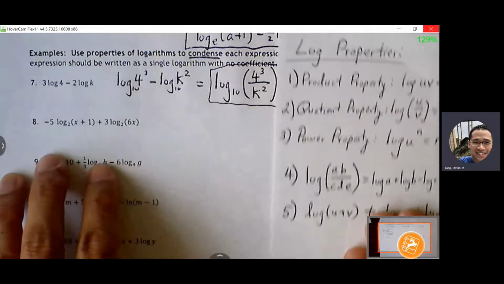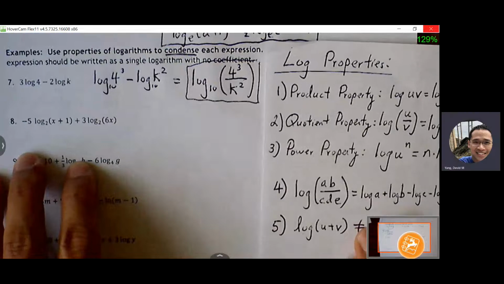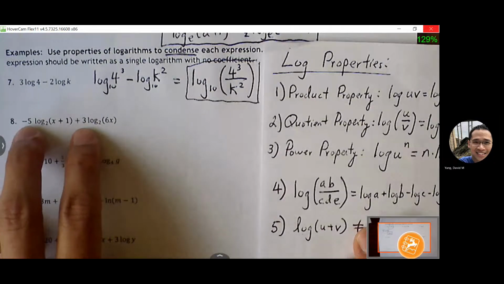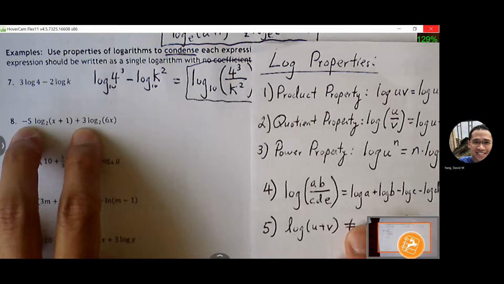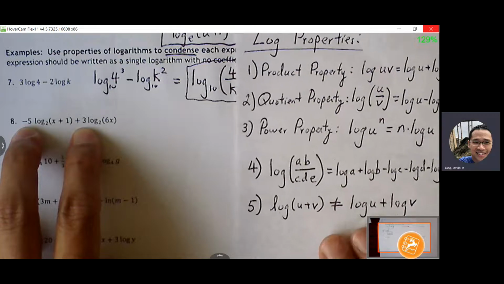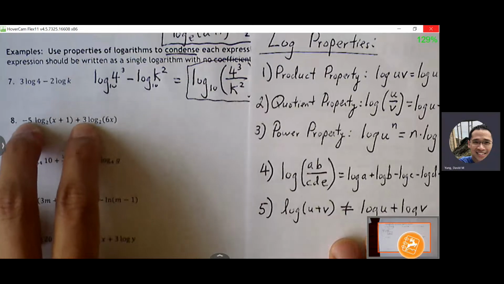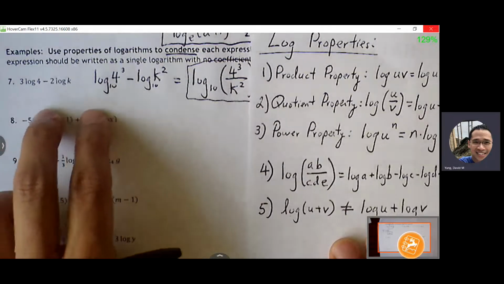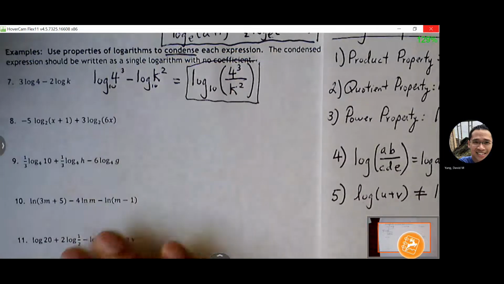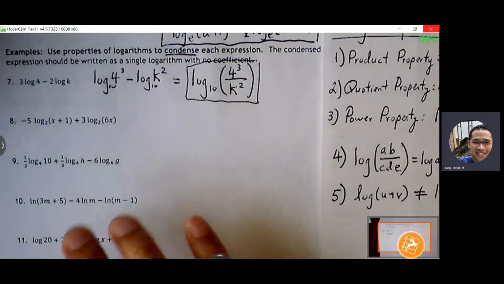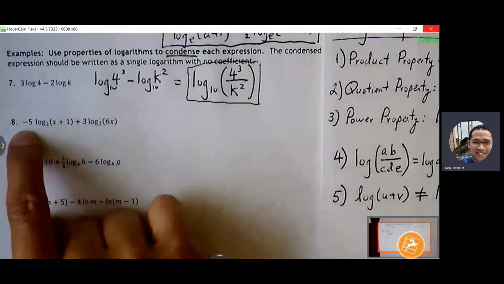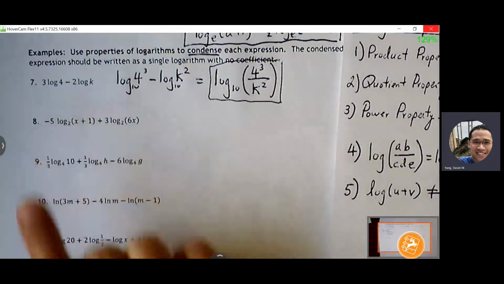All right, number 8. What can we do first here? Move the 5 and the 3 up as exponents. As I do that, I'm also going to rearrange it. It just feels better to see my property if I have this as my second term.